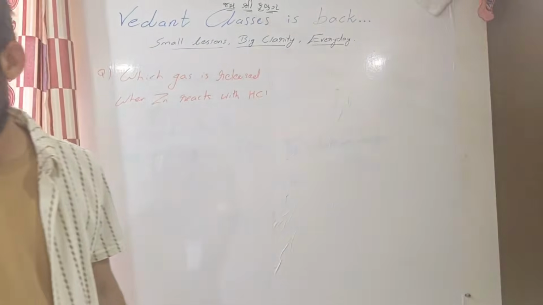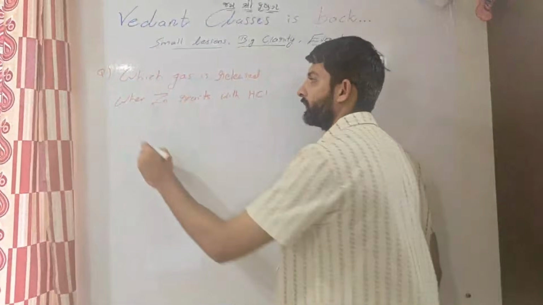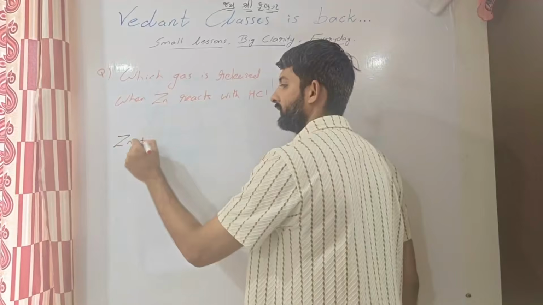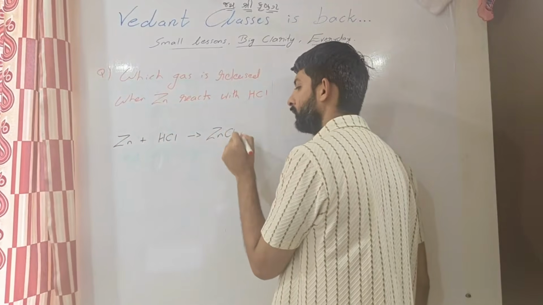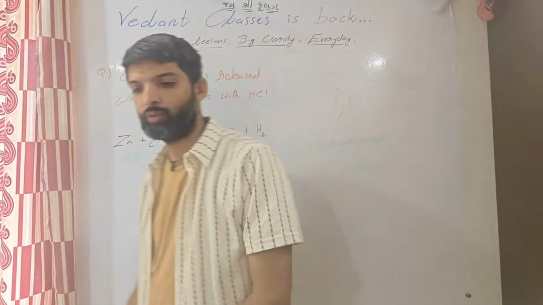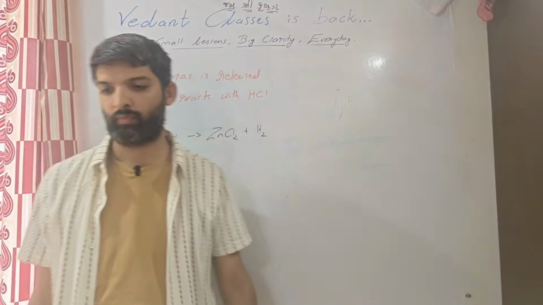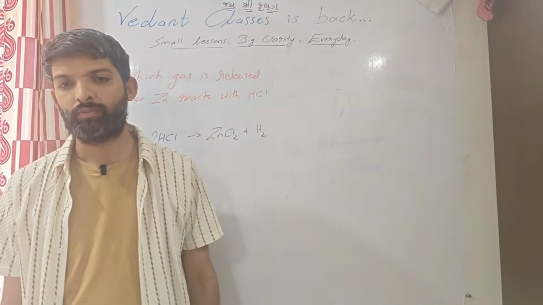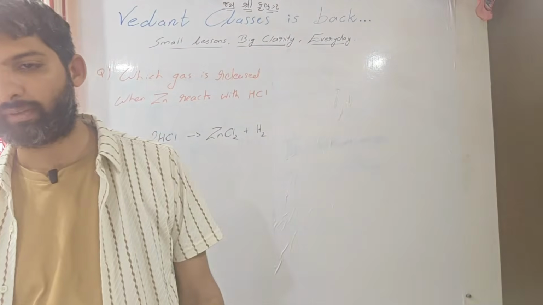Hydrogen. Very good. Hydrogen gas will be released when Zn reacts with HCl. It forms ZnCl2 salt plus H2 gas. So here we need to write 2 to balance the equation. Hydrogen gas is the right answer. Perfect.